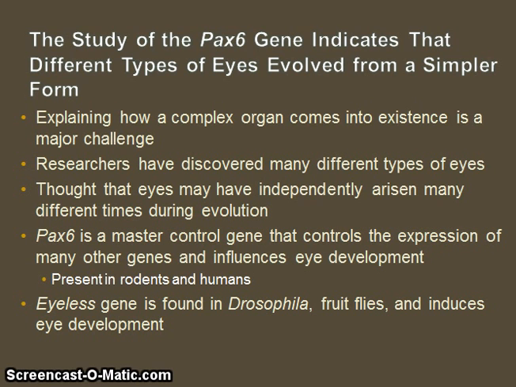And they also found a gene called eyeless, which is found in Drosophila, which are fruit flies, and it also induces eye development. And what's interesting about Pax6 and eyeless genes is that they are homologous, which means that they were both derived from the same ancestral gene. So keep that in mind for the upcoming slides.